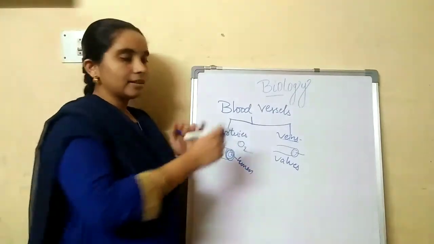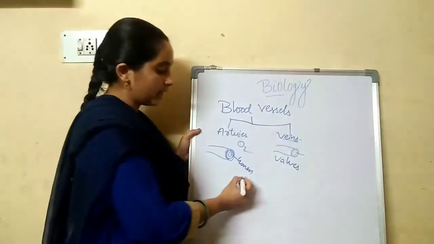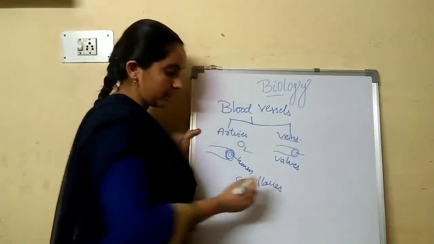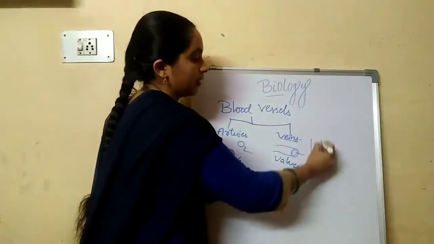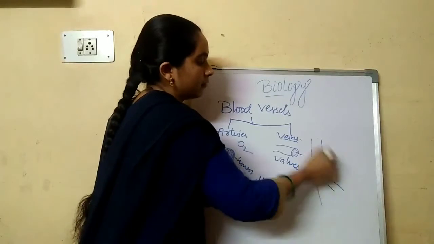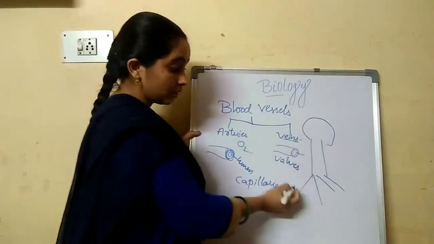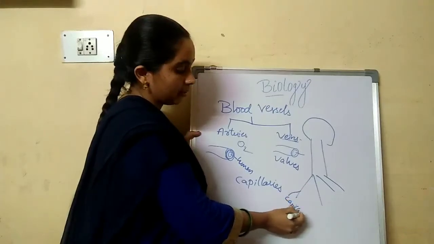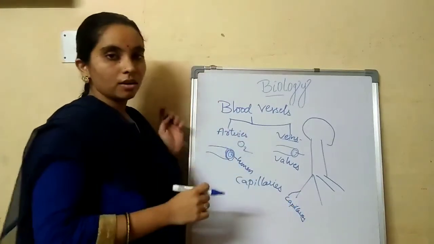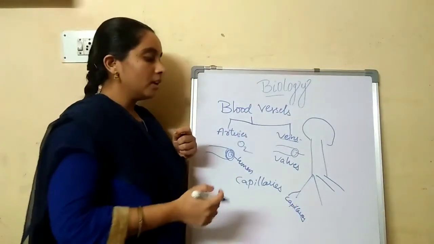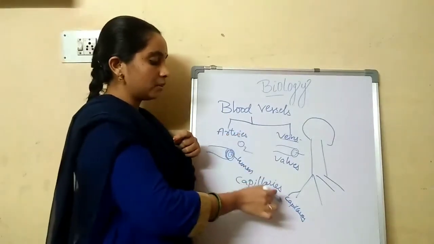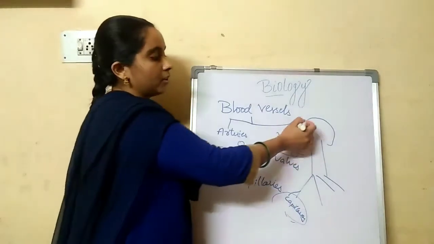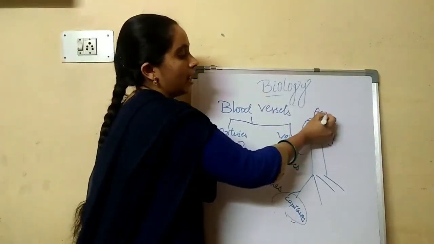These arteries and veins both again divide into capillaries. Like if you take an example of a tree, these arteries cannot reach every cell of the body, so these again divide into capillaries. Say this is the aorta of the heart.